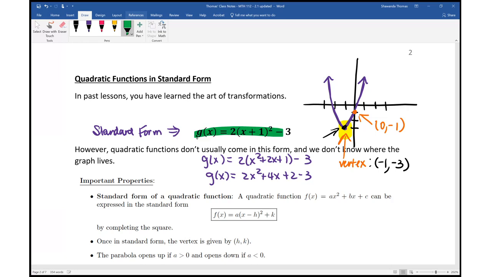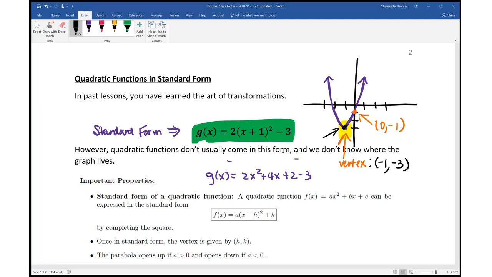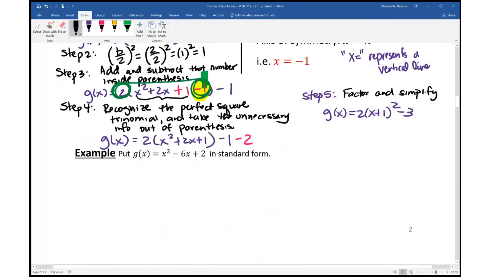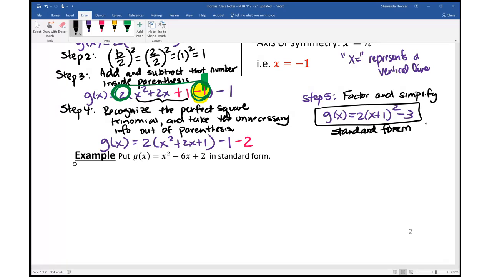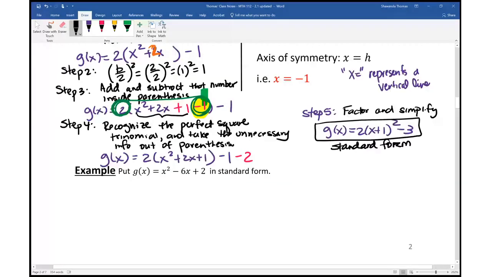All right, so right here, this is how we ended up getting from the general form to the standard form. So this is the standard form, which gives us a lot more information than just the general form, immediate information, I would say.